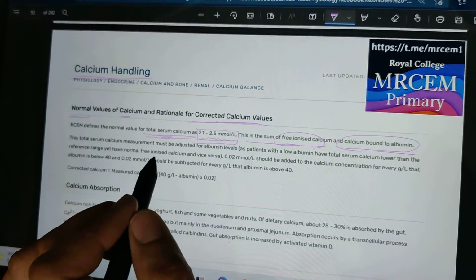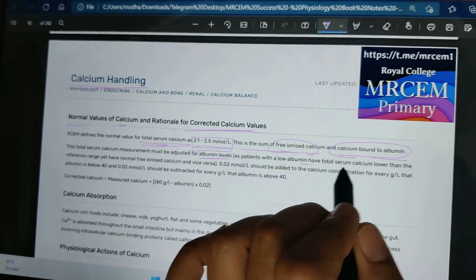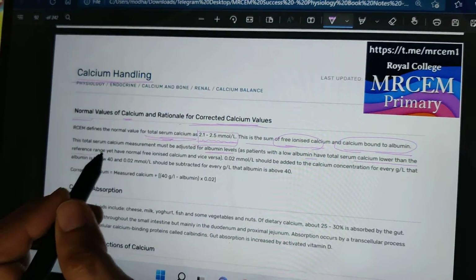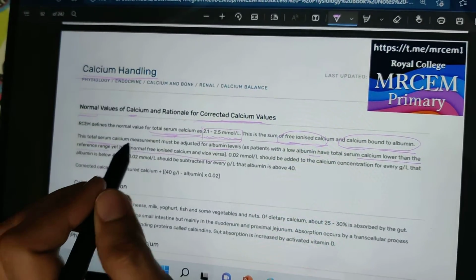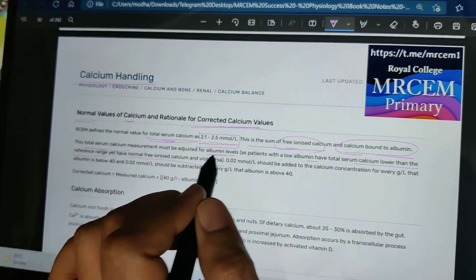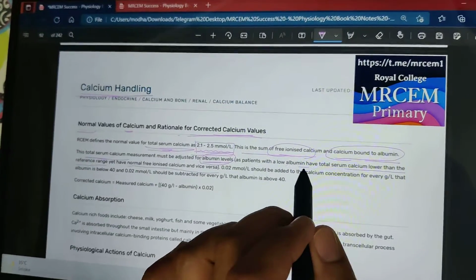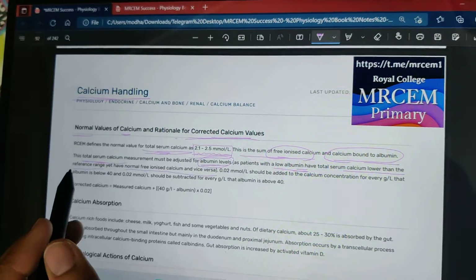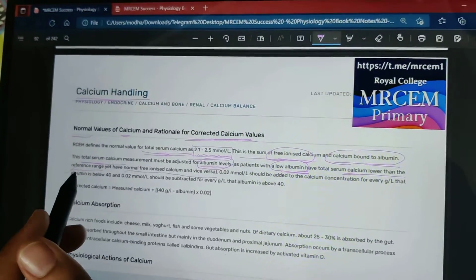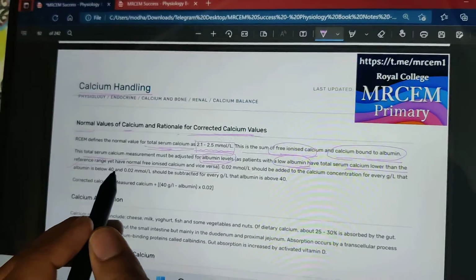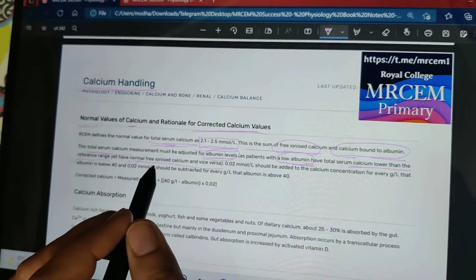This total serum calcium measurement must be adjusted for albumin level, as patients with low albumin have total serum calcium lower than the reference range, yet have normal free ionized calcium, and vice versa. With low albumin, the total serum calcium will also be low compared to the reference range, yet have normal free ionized calcium.